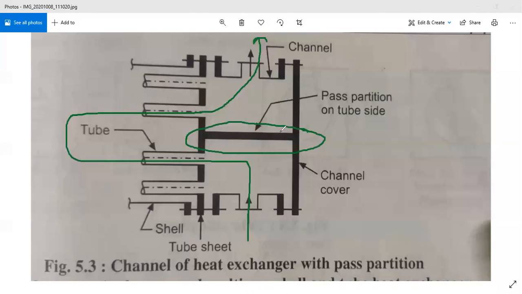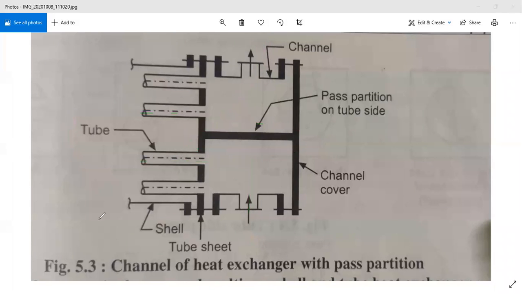So on the basis of addition of this pass partition, we can change the number of passes in the tube side fluid, and in a similar way we can add the pass partition for the shell side fluid, and we can add the number of passes on the shell side fluid also, right?